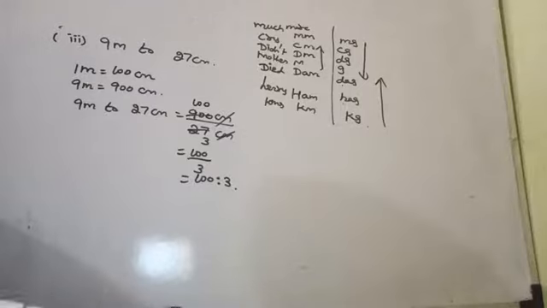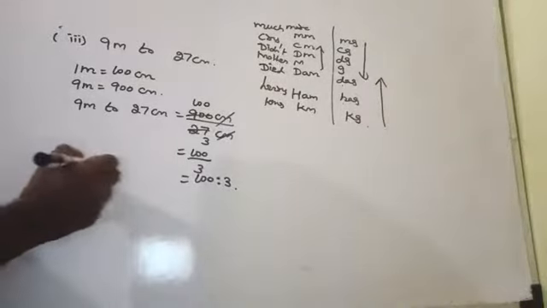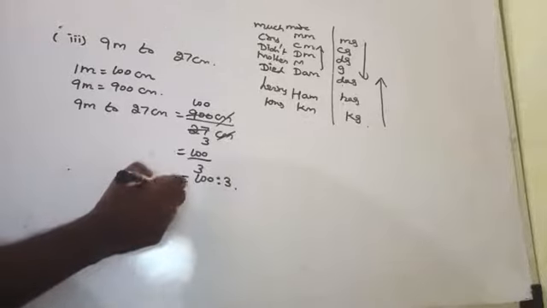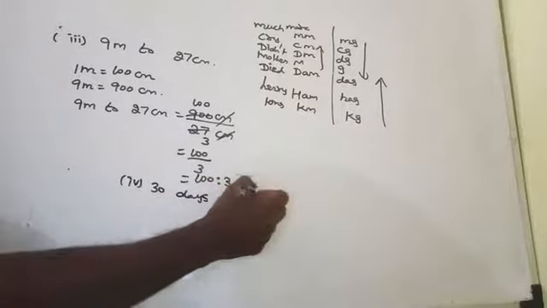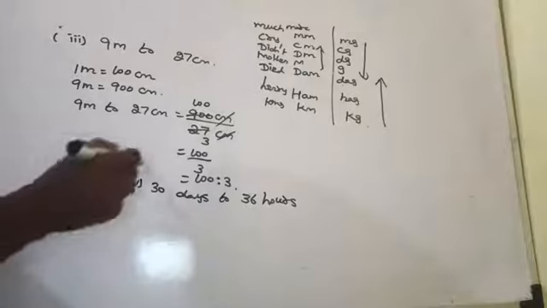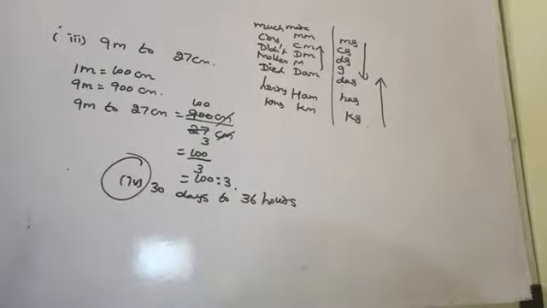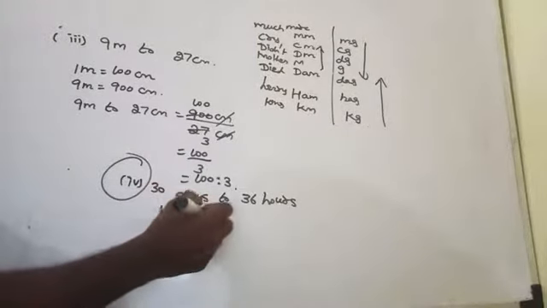What is the next part? 30 days to 36 hours. It is the fourth part, right? In one day, how many hours are there? 24 hours. One day is equal to 24 hours.